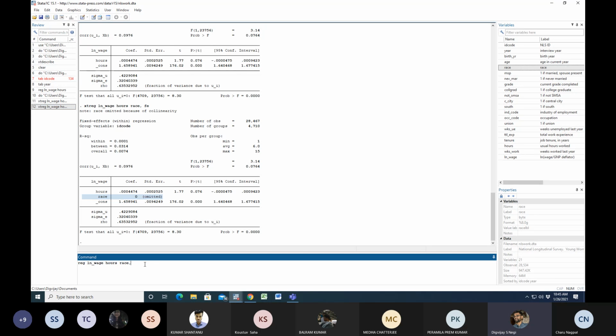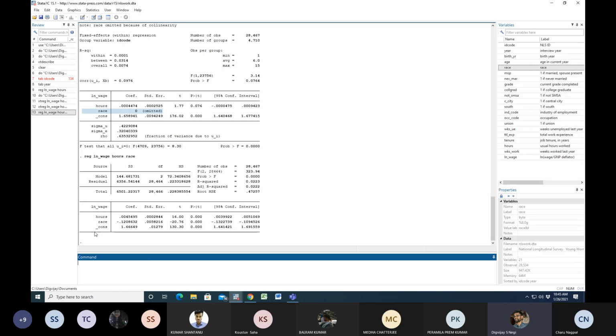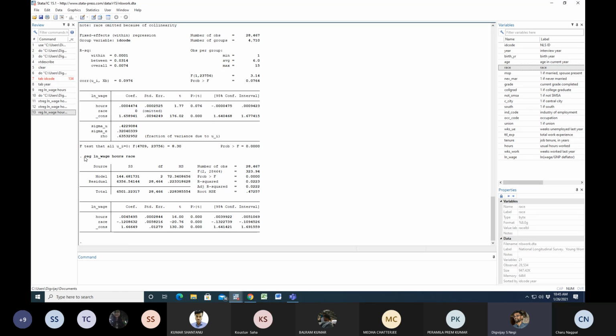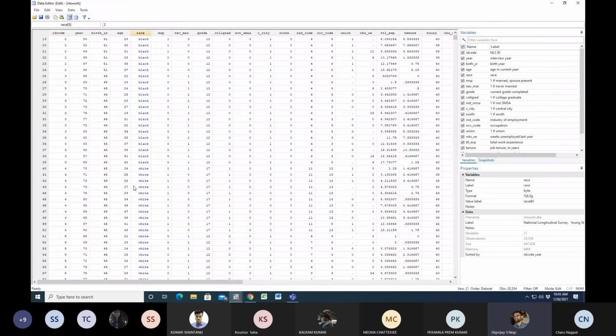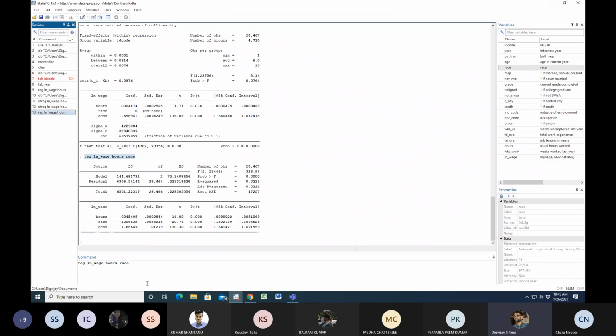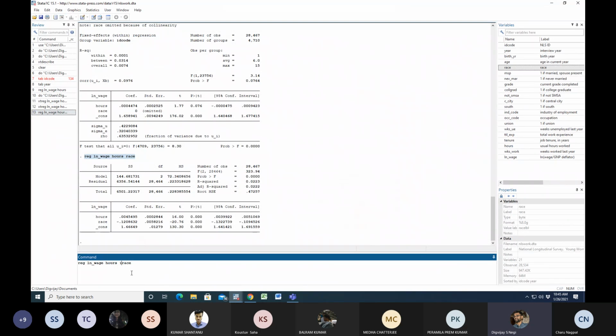In a simple regression, race will not drop out. So here I estimated a simple regression with R's and race. You can see that race, I guess, one would be black and two is black and one is white. So okay, so I should do an i dot.